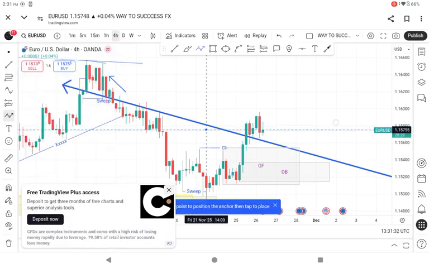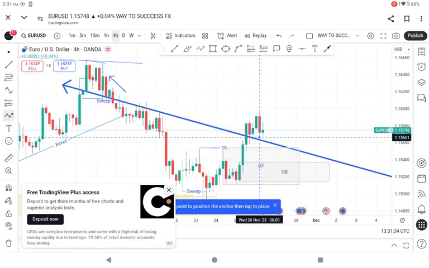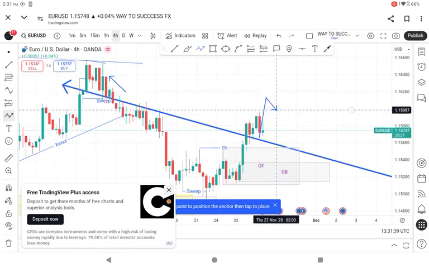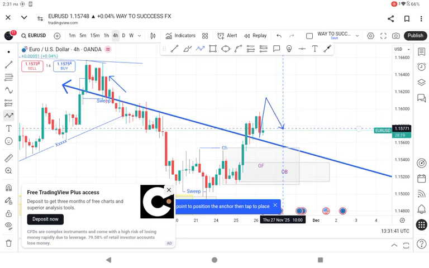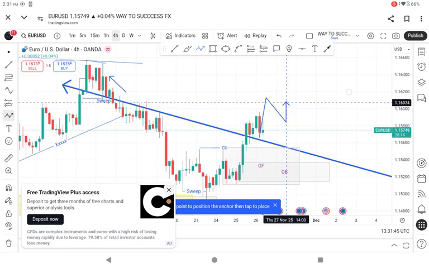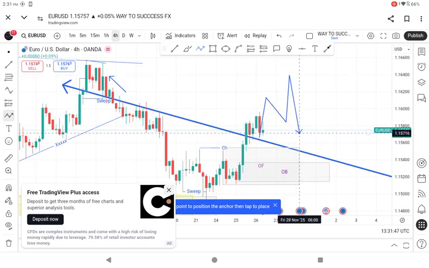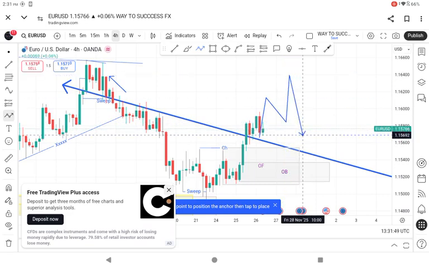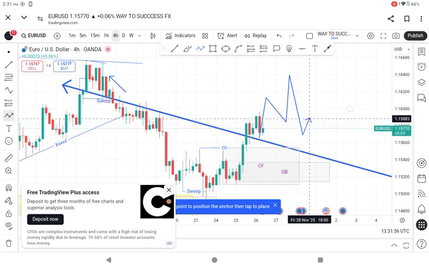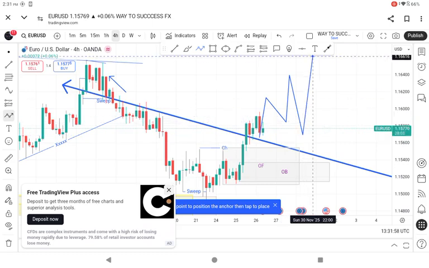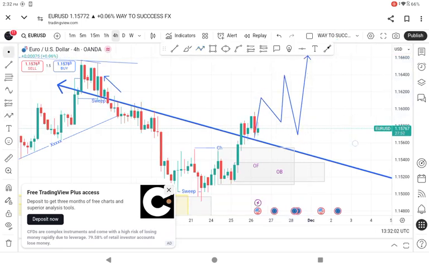Price might still go up at this level, come down, go up again, and come back, taking this, creating inducement. That is possible. Then after the inducement is taken out, price will go up again. So this is possible.